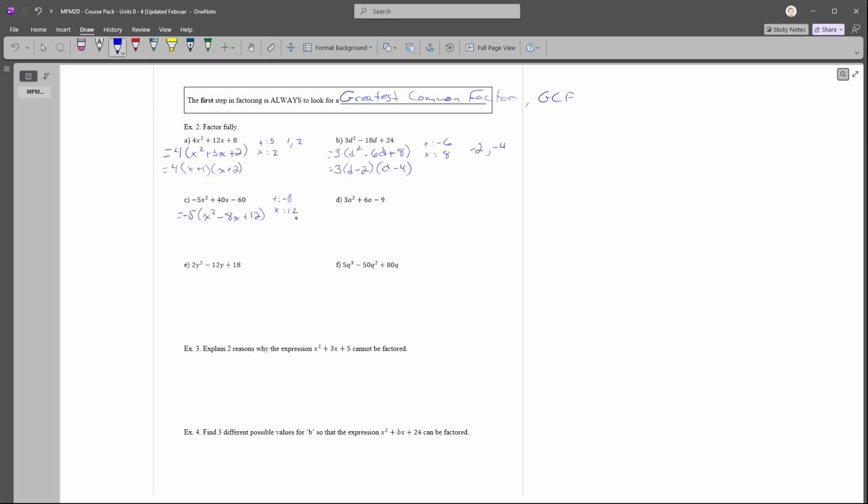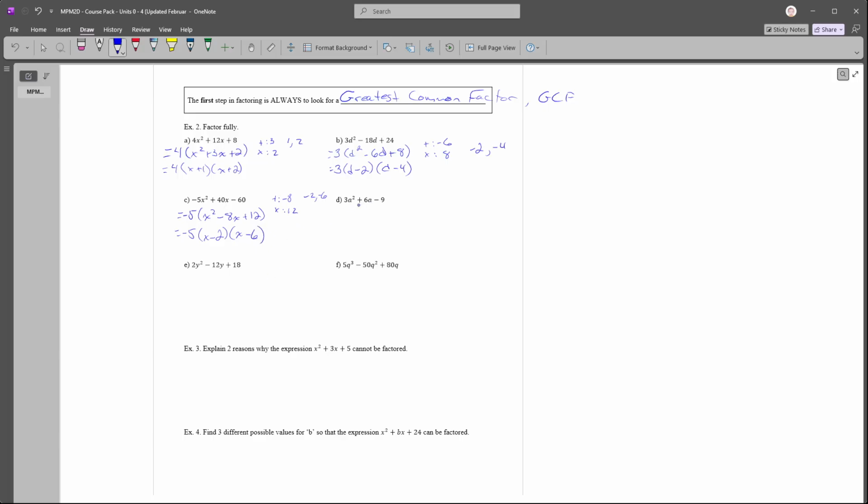Yeah, 6 and 2 makes sense. 2 times 6 is going to give us 12, and 2 plus 6 is going to give us 8. So they're both going to be negative. So negative 2 and negative 6. So let's write that out. We have negative 5 multiplied by the square root of our first term, which is x, subtract 2, multiplied by x, subtract 6. Simple, easy peasy.